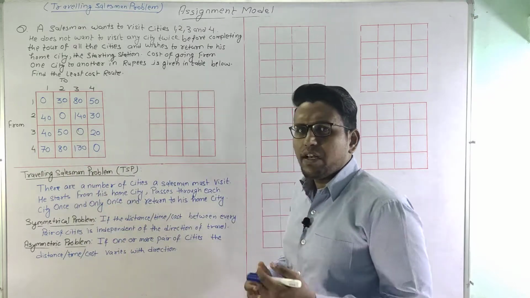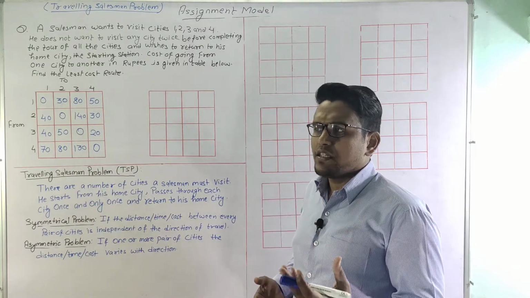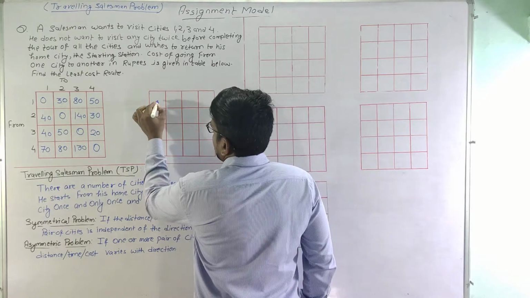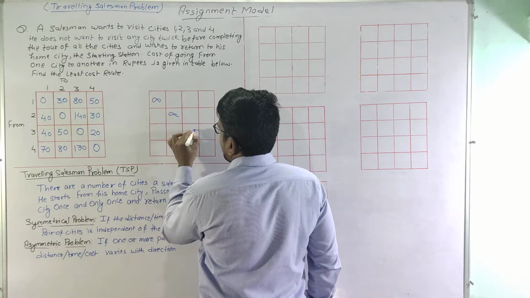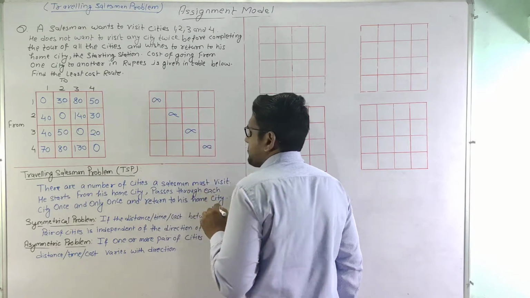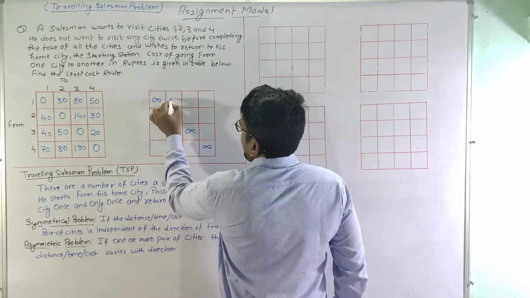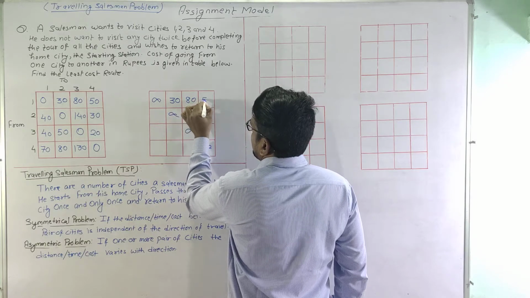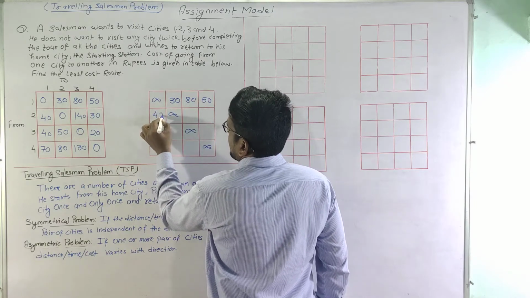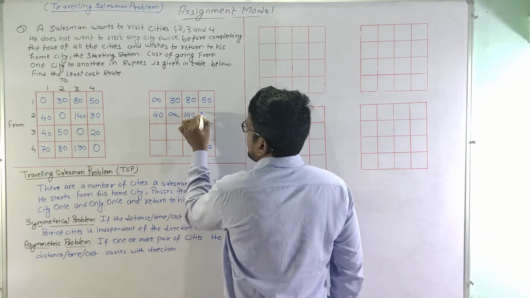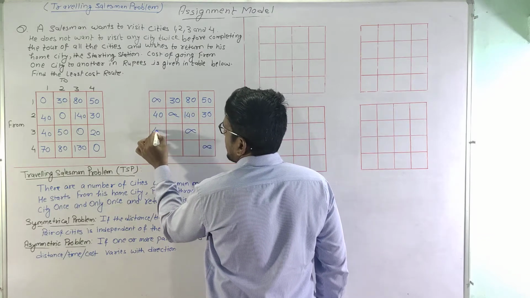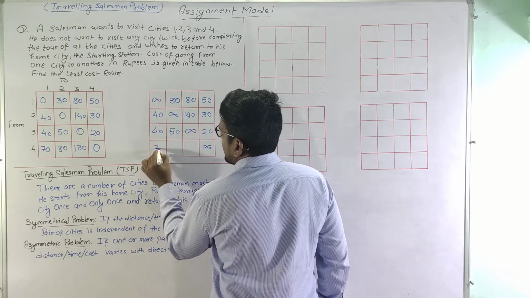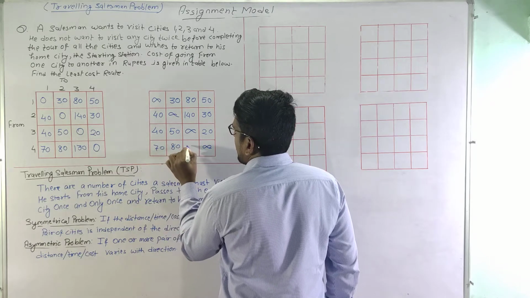We can use the value infinity or the value M, which is a very large positive value. This time I am using infinity, so I am putting the penalty as infinity here, and these are the cost coefficients: 30, 80, 50, 40, 140, 30, 40, 50, 20, 70, 80, 130.